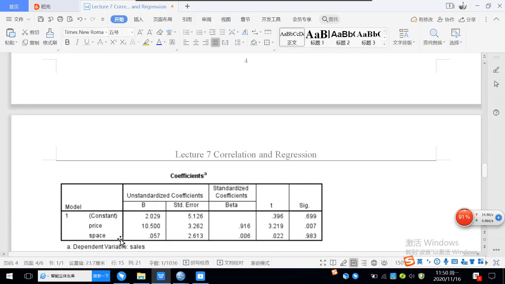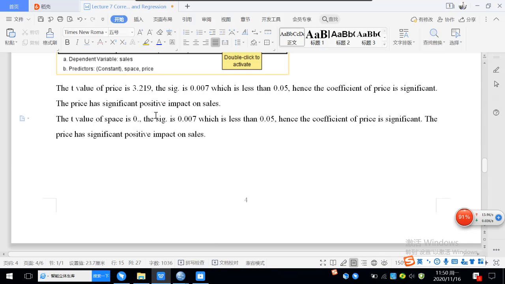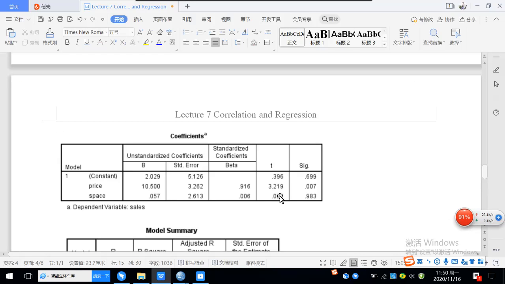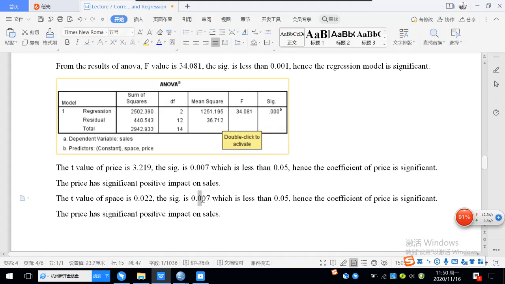Okay, and then next is space. The t-value of space is 0.022, and the significance is 0.983, which is more than 0.05.